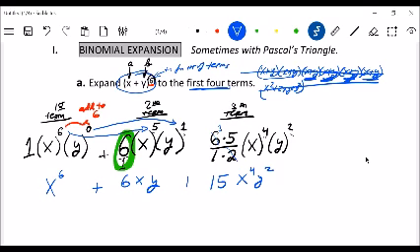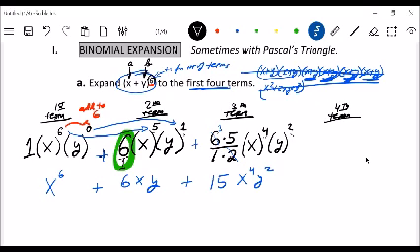Oh, and it's going to be plus because there's no minus there, so that means it's adding between them. It's that first term plus the second term plus the third term, unless a minus were to make it a negative. Now let's look at the fourth term. So we have a couple of patterns that we're going to base this on.